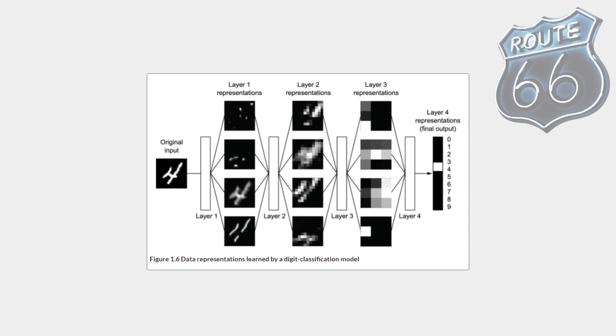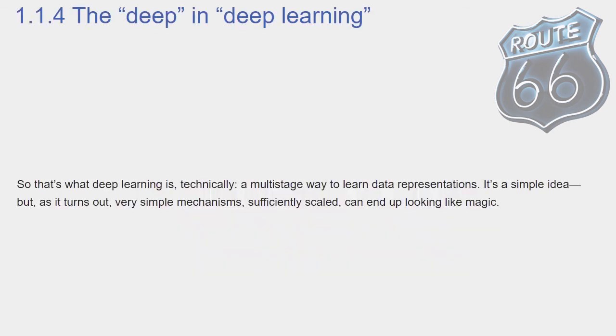You can think of a deep network as a multi-stage information distillation process where information goes through successive filters and comes out increasingly purified, that is, useful with regard to some task. So that's what deep learning is, technically, a multi-stage way to learn data representations. It's a simple idea, but as it turns out, very simple mechanisms, sufficiently scaled, can end up looking like magic.